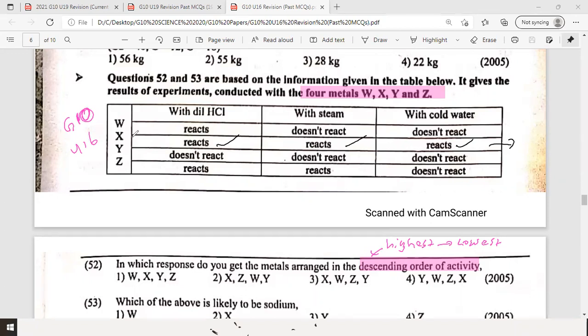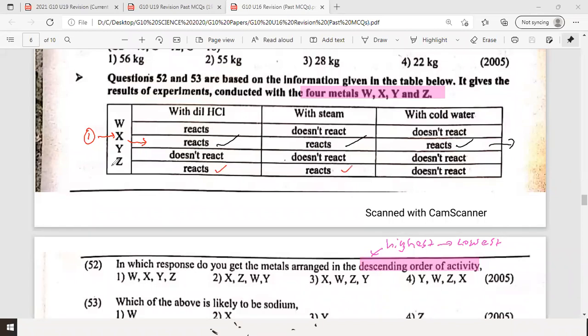Number one is X, right? X will come first. I'll put numbers 1, 2, 3, then you can get the order. The most reactive one will be X, because it reacts with everything. Therefore, number 1. The next one: react, react, doesn't react.